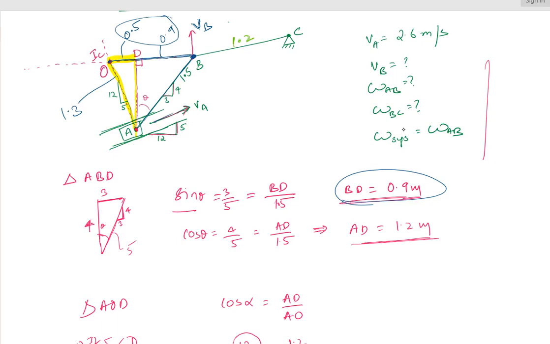If this ratio using the slope form seems confusing, you can always convert it into an angle. Say tan theta equals 4 over 3, and then theta is tan inverse of 4 over 3. Find that angle, and you can use angles instead of these ratios. It works the same.